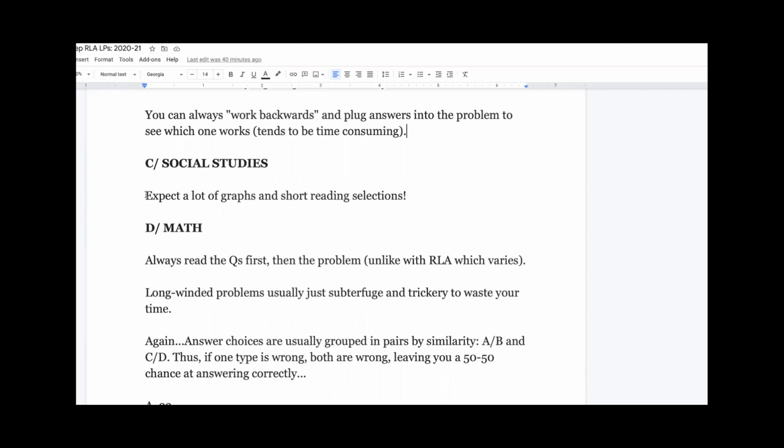Social studies. I've always said, it's in my syllabus near the bottom, probably social studies for most of you will be the easiest. And it's because you've been social studied to death since kindergarten, in your schooling.